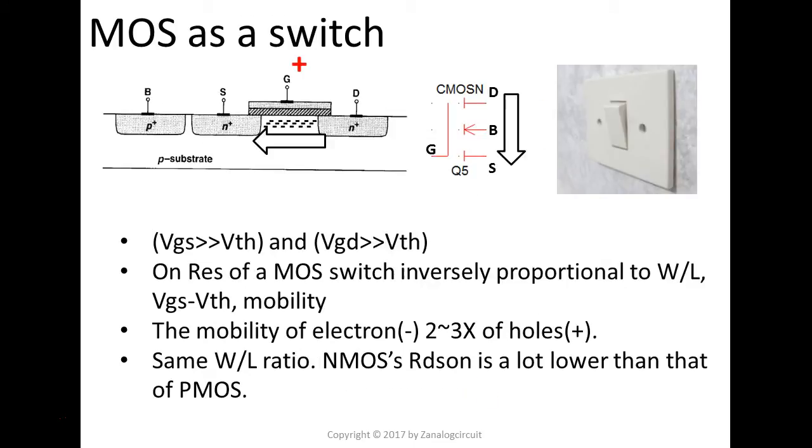There are two typical operations for MOS transistors. One of them is using the MOS transistor as a switch. Again, when you apply a positive voltage on the gate, and that voltage relative to the source and drain is a lot higher, a lot more electrons accumulate beneath the gate, and we say the channel is fully turned on.